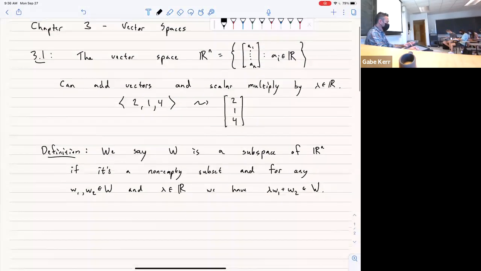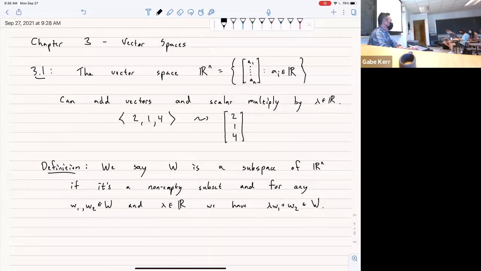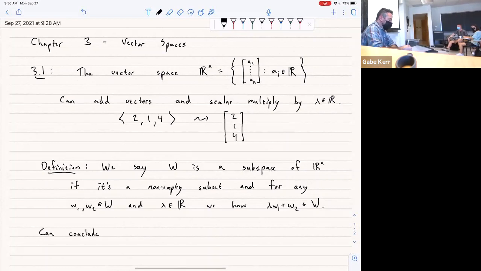It's kind of a weird definition that I'm giving. It's slightly different, I think, than what Artin gives. But what you can conclude is that the zero vector, let's write it 0, is in any subspace that you have, right?